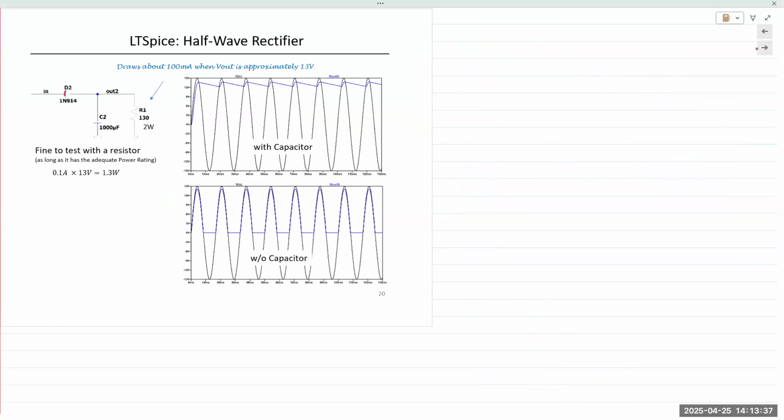There's only one power supply and about 3 components. So we have a diode. This is a standard 914 diode that is part of the library in LT Spice. Then you have a load resistor and a filter capacitor.